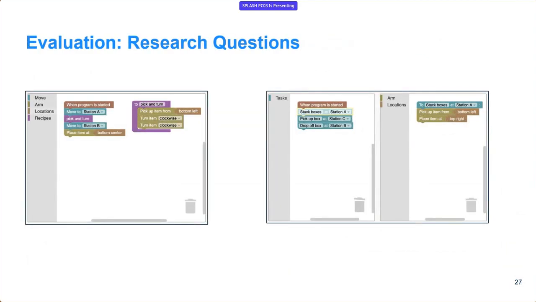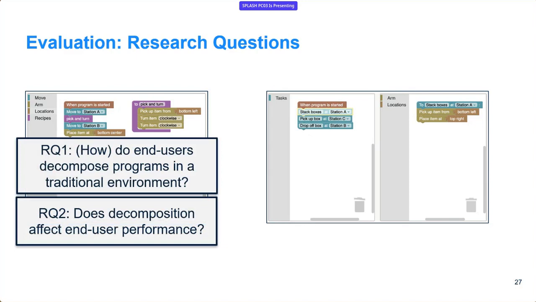We designed all of this to ask a few research questions that we look at in detail in the paper. For the traditional environment, we are looking at how end users decompose their programs when they have all the freedom available, especially since there's not much data on how end users decompose programs. The how is in parentheses because, do they decompose their programs at all?